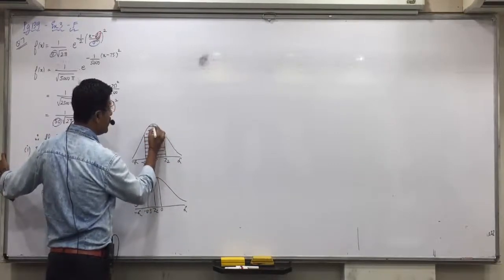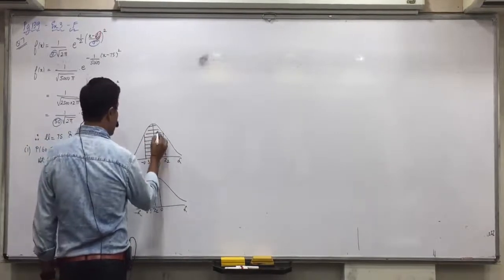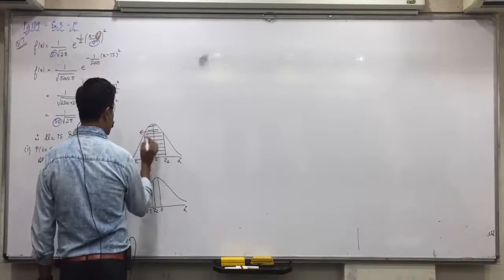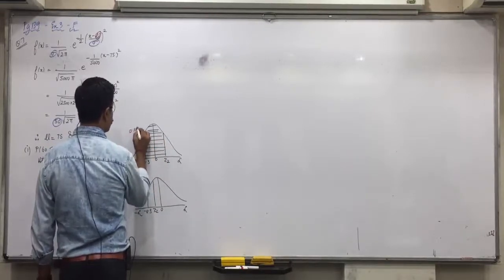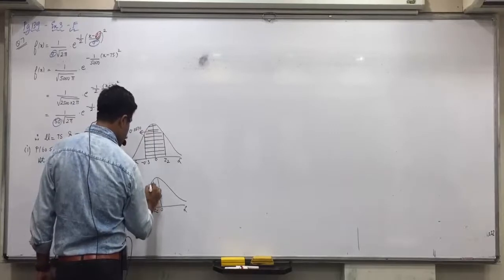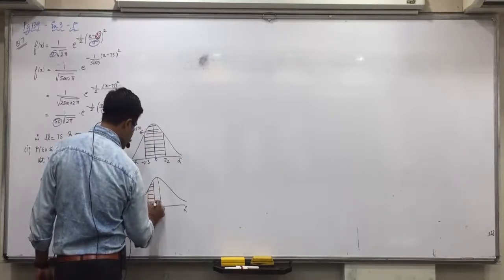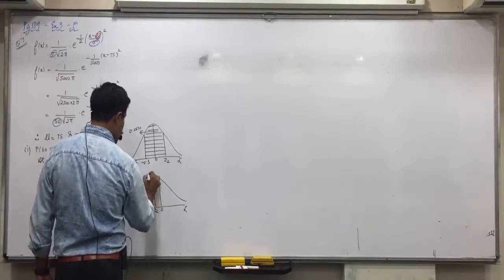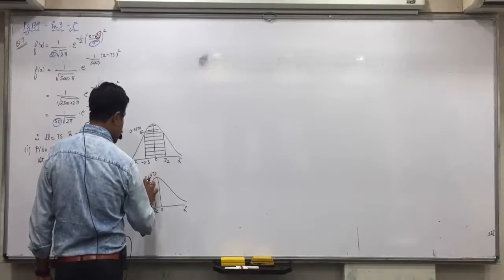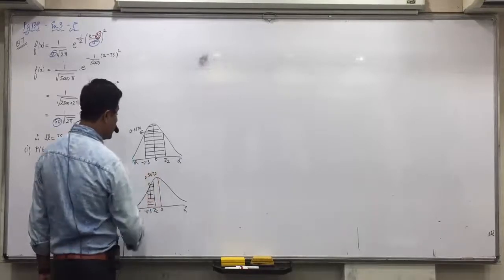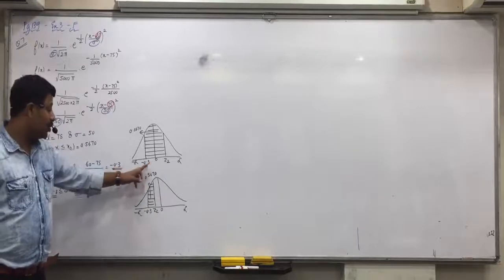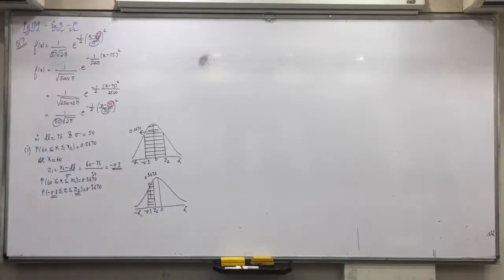This area is given as 0.5670. Now before we decide which diagram is correct, first we need to find the area from 0 to 0.3. If you see in the table, 0 to 0.3 is 1179.